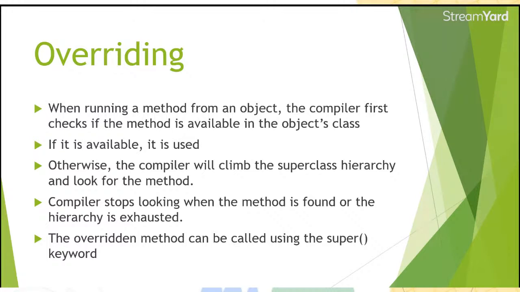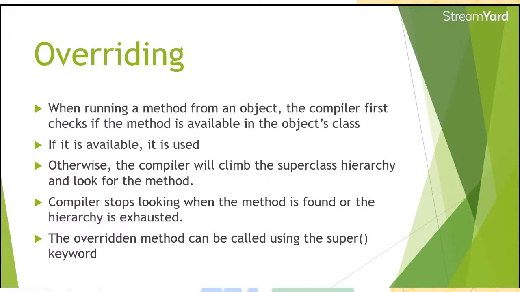If it's not present though, it will check if this class has any superclasses. If it does, it will go to that superclass and check if there's a get a1 method. If it's there, of course, it will call it. Otherwise, it's going to keep going up and up through the superclass hierarchy.